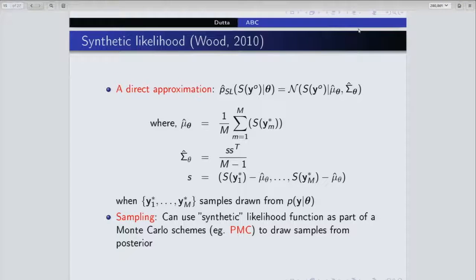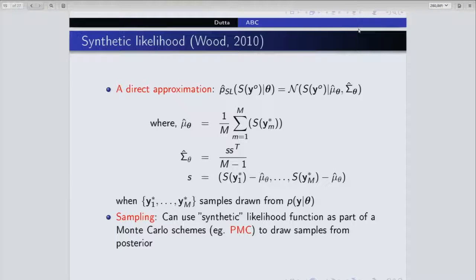And you can always compute the mean of that and then the variance-covariance matrix. And that gives you a multivariate Gaussian distribution. What they do there is approximate the distribution of the summary statistics using that multivariate Gaussian distribution. And then they say that's a good approximation to the likelihood function.